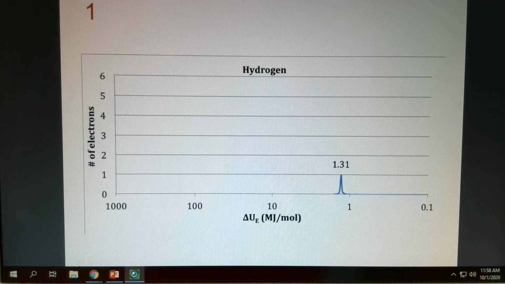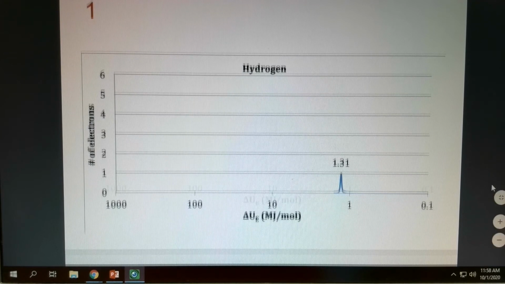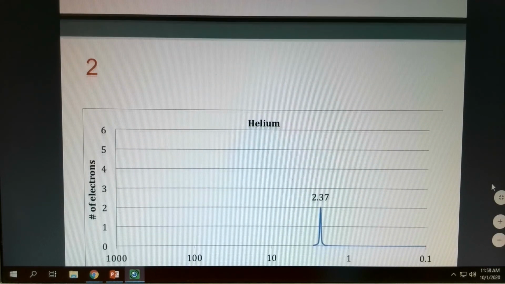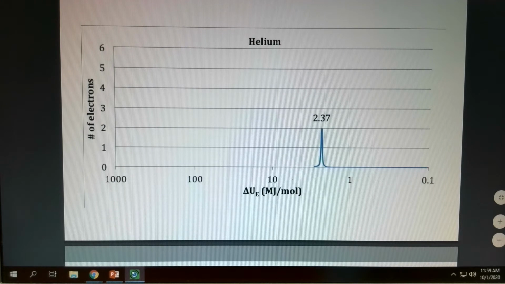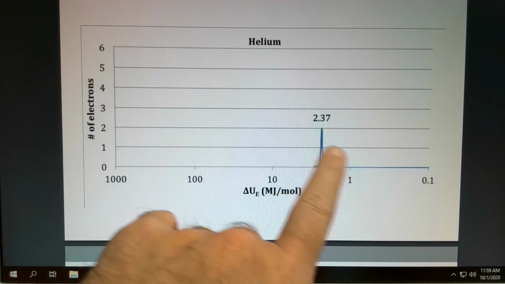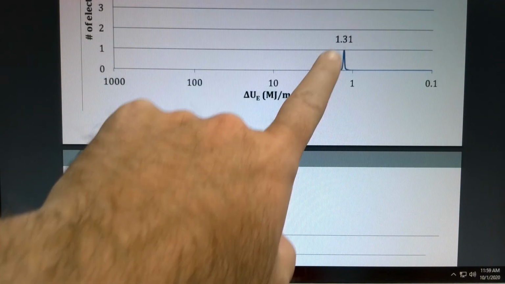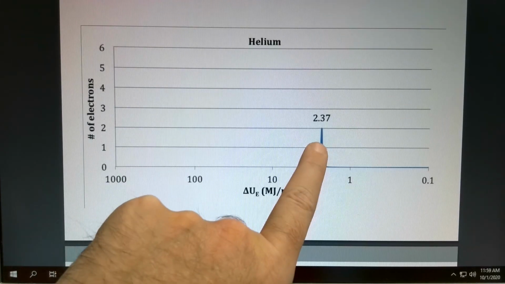Okay. So if we scroll down to helium, notice it has only 1 peak because it has 2 electrons. It's taller. If I go back up to hydrogen, it was out here, and then helium is here.